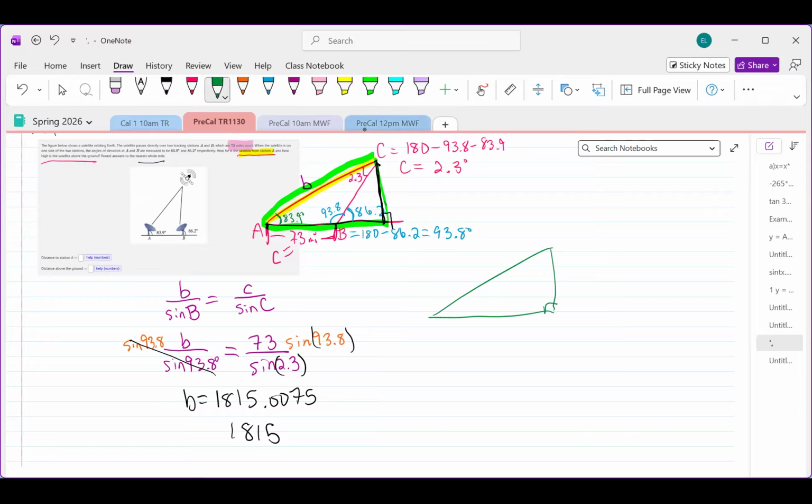I'm focusing on the big one because we found this long side between A and C. And I know this angle here is 83.9. I'm looking for how high the satellite is above the ground. I'm going to call that D, because if I call it H, it looks like hypotenuse and my brain short circuits. So D it is.